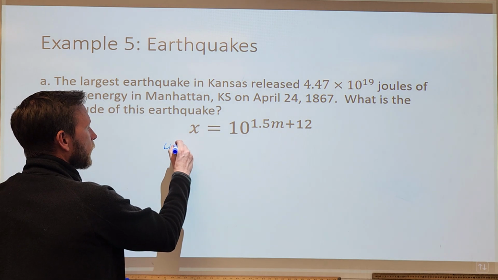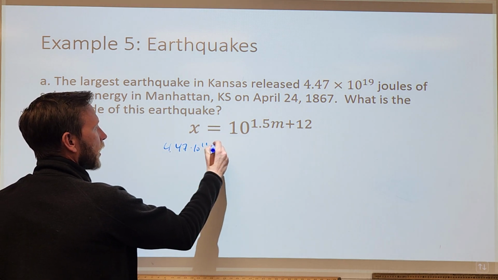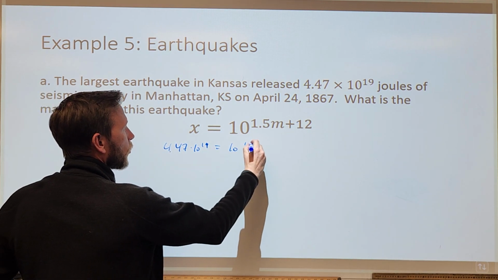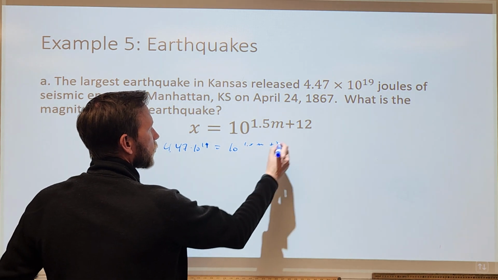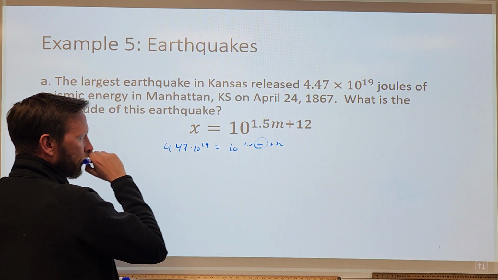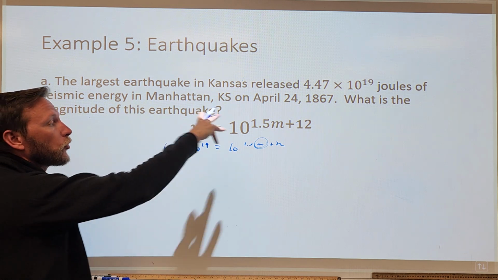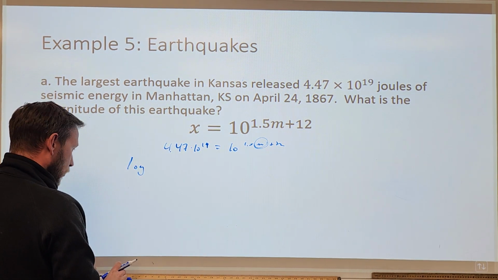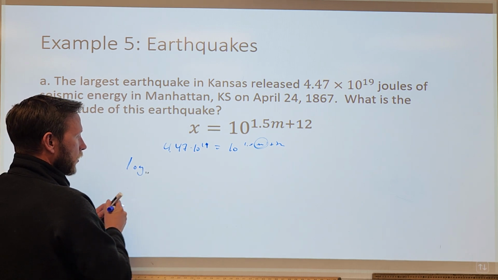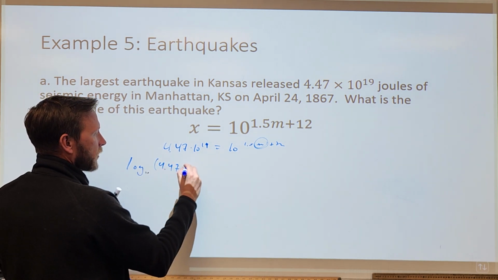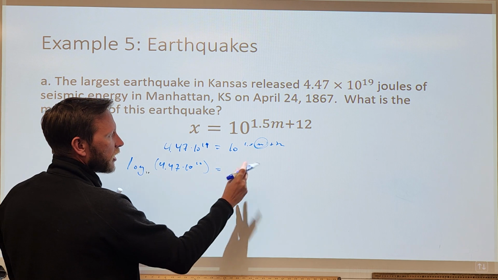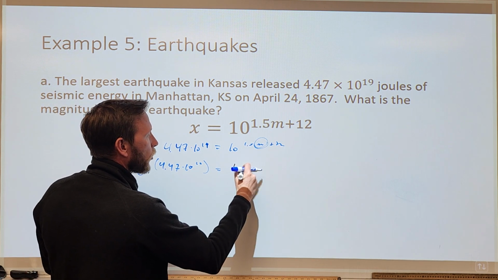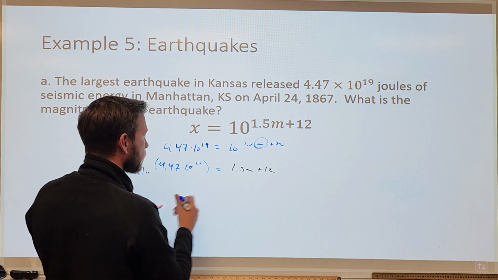So x is 4.47 times 10 to the 19th, and that's going to equal 10 to the 1.5m plus 12. We're solving for m, which means that we're going to rewrite this in logarithmic form. I'm going to say log base 10, which I don't have to write the 10, of 4.47 times 10 to the 19th is equal to the exponent here, 1.5m plus 12.